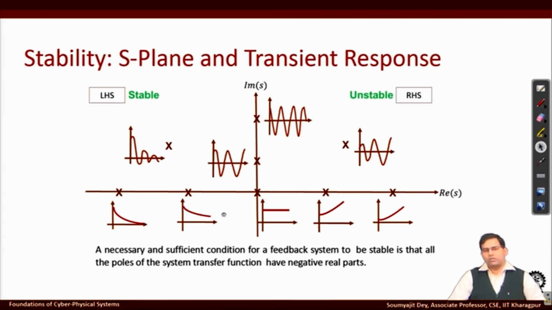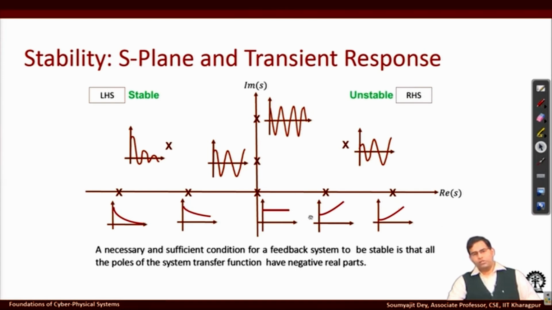But in case you have some pole with a positive real part, that would mean you have poles on this side of the S-plane, and that would mean you don't have damping and your output will always be building up, and the deviation from the reference point is going to increase like this. So there is no chance that your system in the steady state will settle down towards some reference.